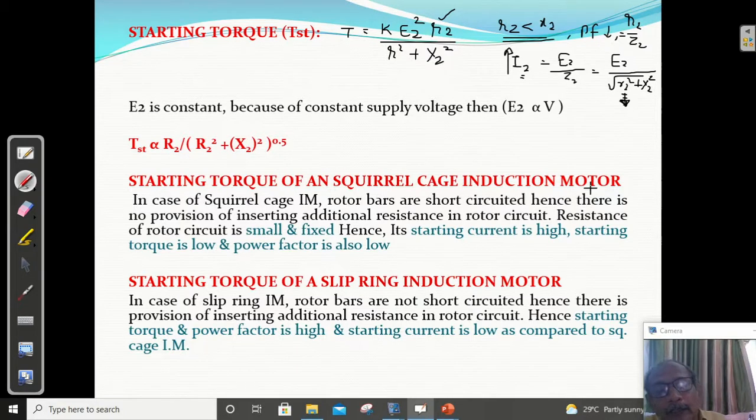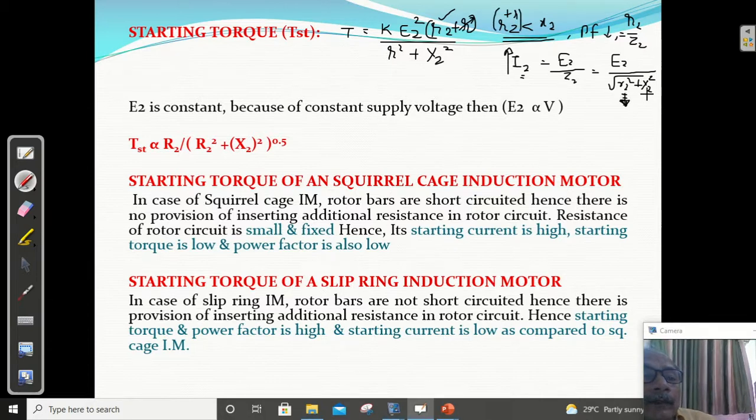But in case of slip ring induction motor, you can insert additional resistance in the rotor circuit. You can insert this resistance, so you can control the starting torque. You can increase the starting torque by inserting resistance in the rotor circuit.